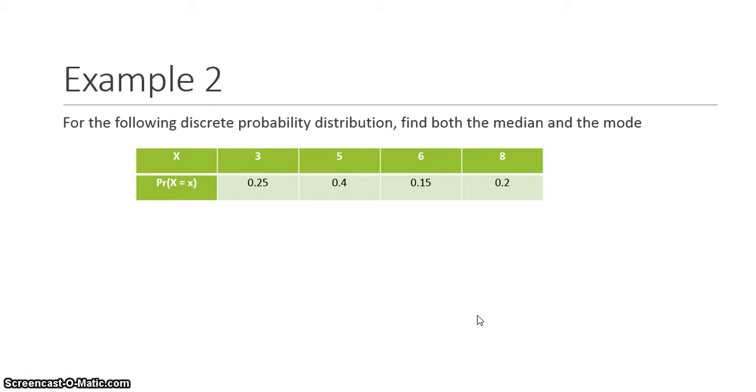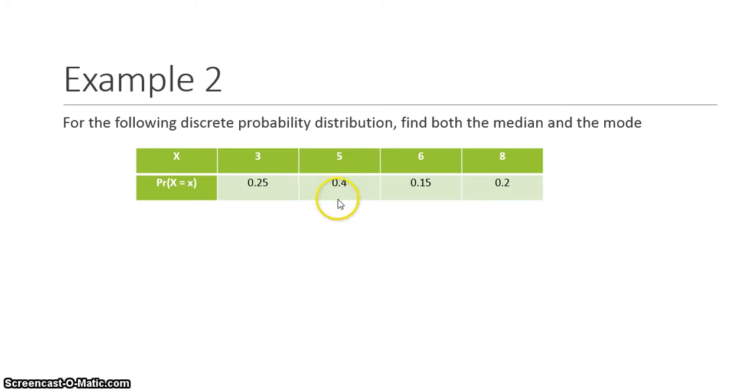Again, let's look at this example and calculate the median and the mode. If I look at this table here, and I look at this probability and this probability, and I add them together, 0.25 plus 0.4 gives me 0.65.